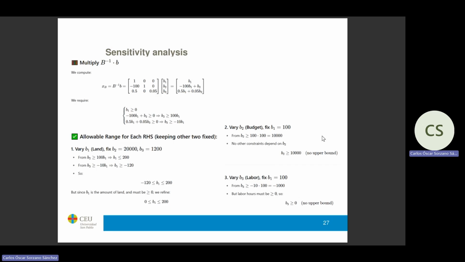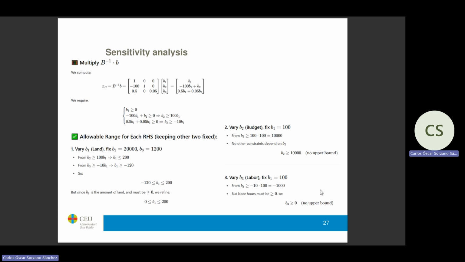Then for the labor, it is the same. You fix b1 and b2 and you study b3, but b3 is only involved in this constraint. So b3 has to be larger than minus 10 b1. Minus 10 b1 is minus 1,000, but the labor hours have to be larger than zero. So the only constraint is b3 larger than zero. There is no upper bound.